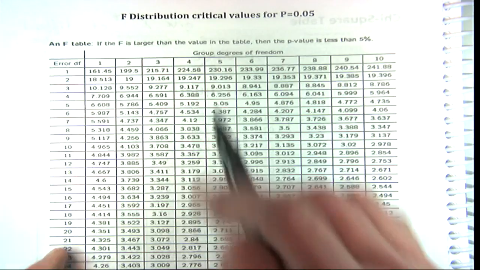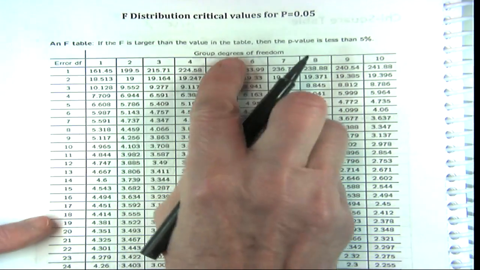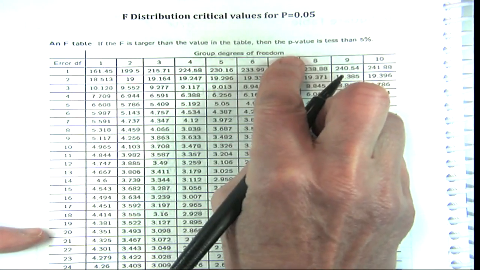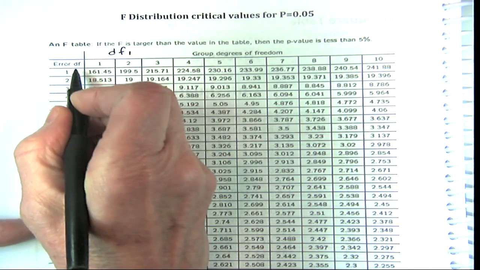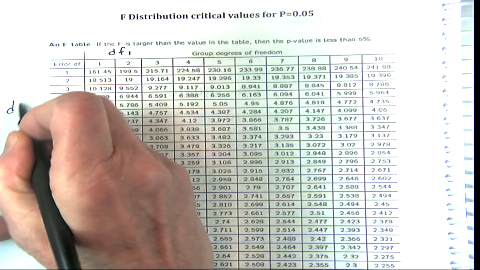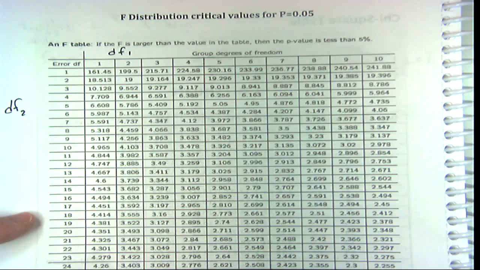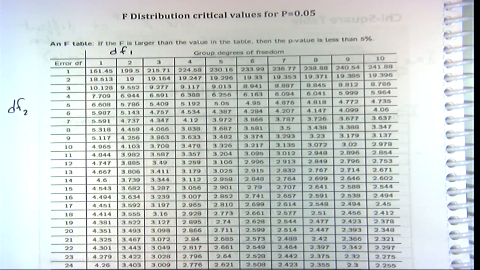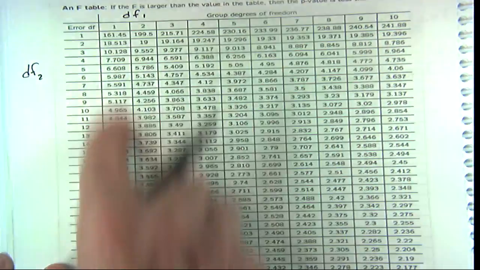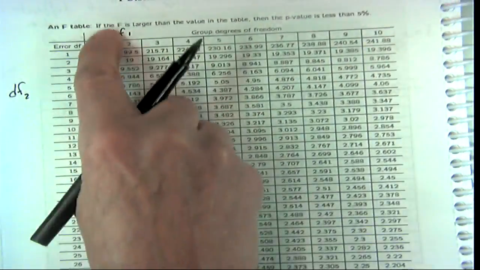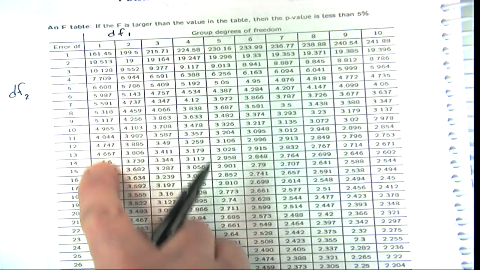So the degrees of freedom in the numerator, this is in the numerator here, the group degrees of freedom. So this is degrees of freedom 1, and here's our error degrees of freedom. Those will be degrees of freedom in the denominator, 2. Now we have P equals 1 degree of freedom here, so we're in this column. So for simple regression with one slope, we're going to be in this column.